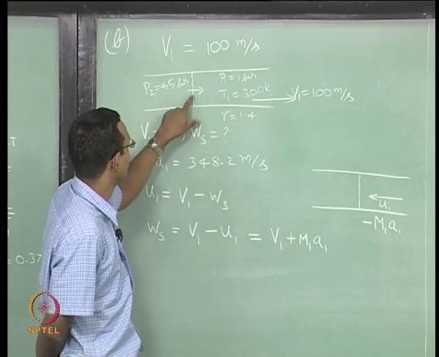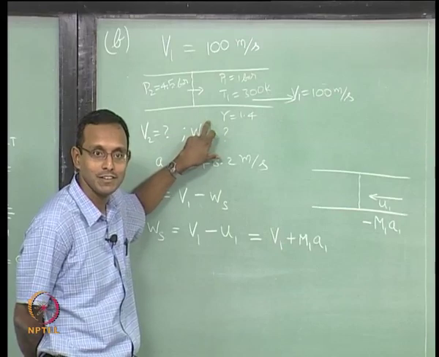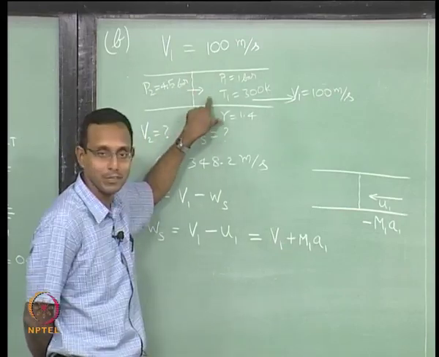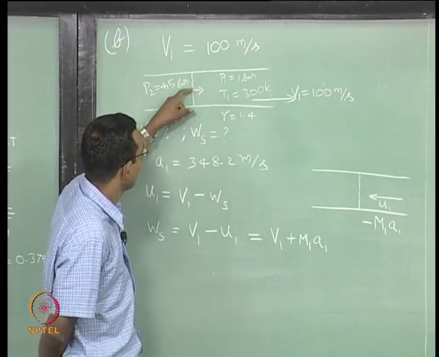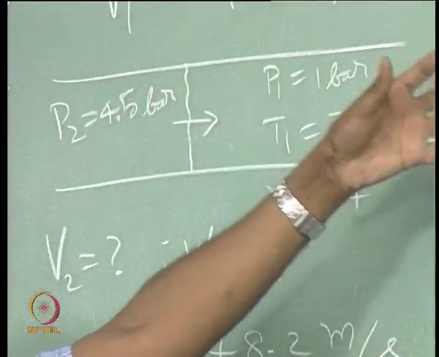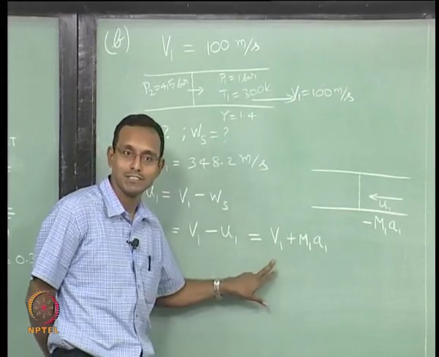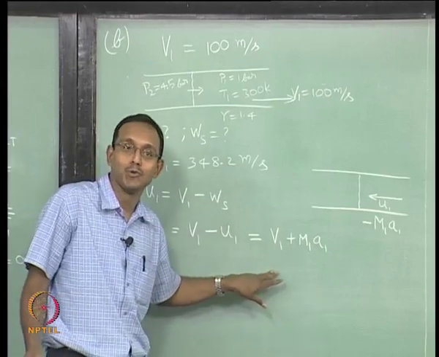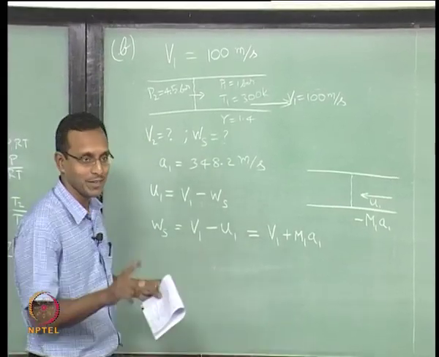So the actual velocity of the shock from outside, or actual velocity of the boat for somebody who is standing outside, will be velocity of the river plus the velocity of boat with respect to the river. So it will come out to be that M1A1 plus the velocity of the river, that happens to be this 100. That also will give you the same answer, V1 plus M1A1. It is just a cross check, I do not need to do two different methods, one is enough. If you just follow the math, it will come out to be right, as long as you do not make any mistakes.